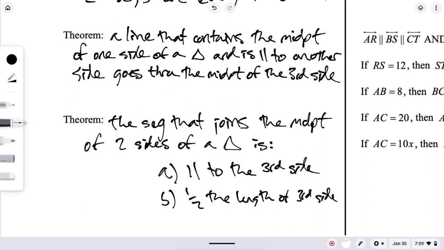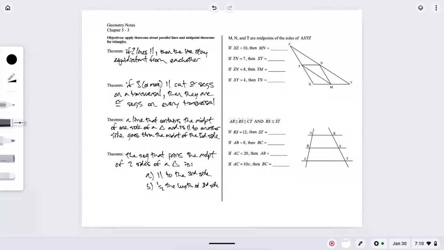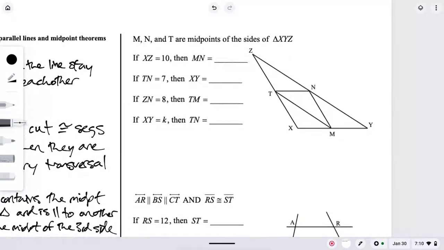Again, I know these are super wordy, but they're pretty simple and they work pretty well.